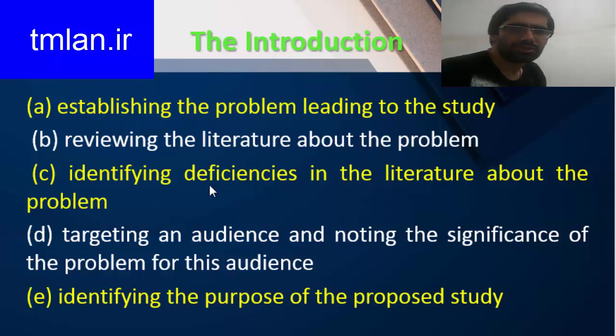Deficiencies in past literature. After advancing the problem and reviewing the literature about it, the researcher then identifies deficiencies found in this literature. In summary, when identifying deficiencies in the past literature, proposal developers might use the following research tips. Cite several deficiencies to make the case even stronger for a study.